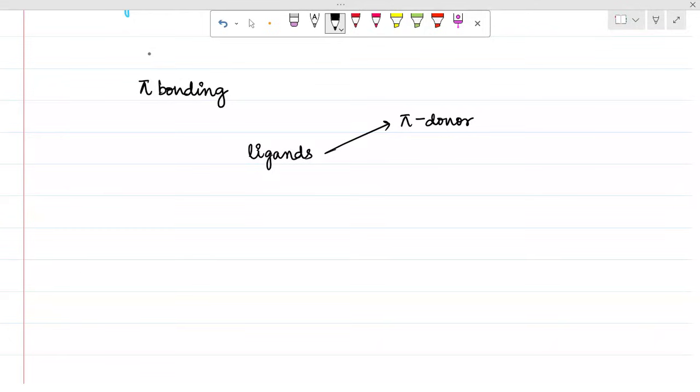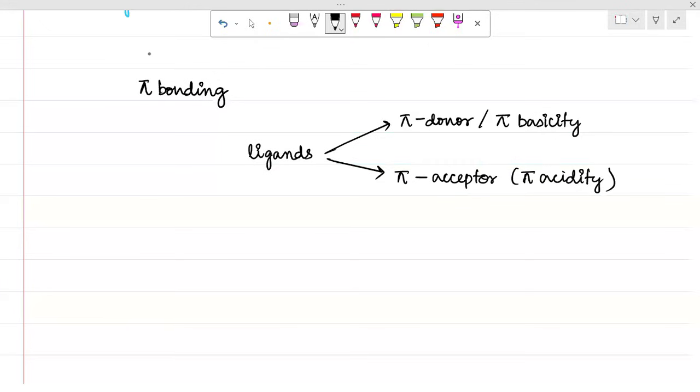In question papers, you can also see the word pi basicity. Both of them are the same. Or the ligands can be called pi acceptor ligands. In question papers, you might see the word pi acidity. Both of these are the same. So ligands can be classified as pi donors or pi acceptors.